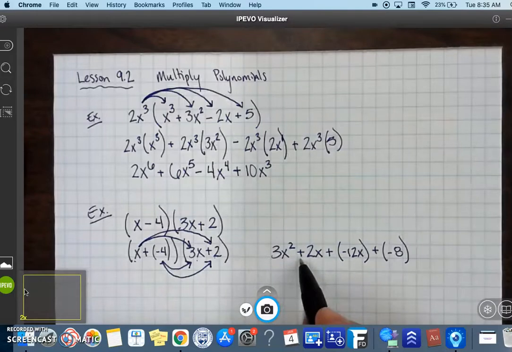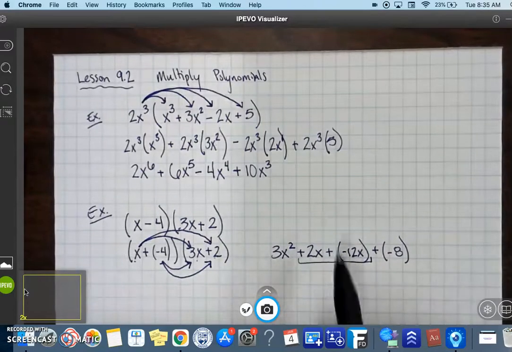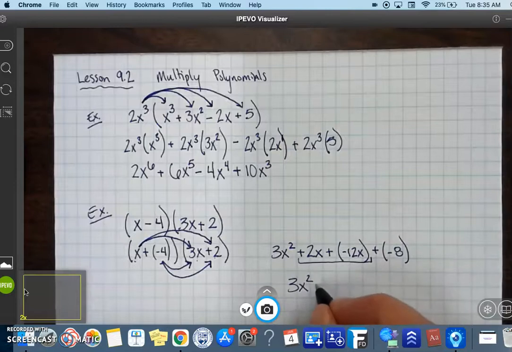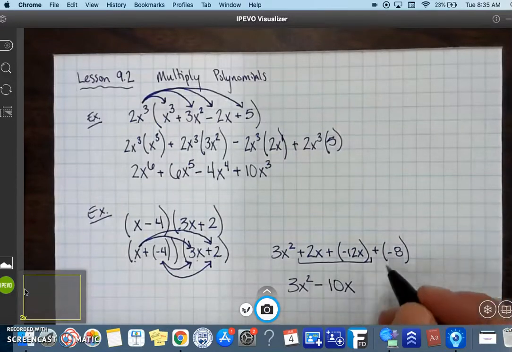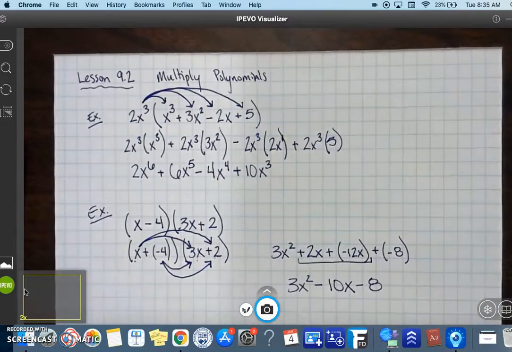Here you'll notice I do have a positive 2x plus a negative 12x. Those are like terms. I can combine those. So let's see, I have 3x squared, 2x minus 12x, it's going to be a negative 10x, so I can put plus negative 10 or just minus 10x, and then plus negative 8, so minus 8. And that would be my final answer.